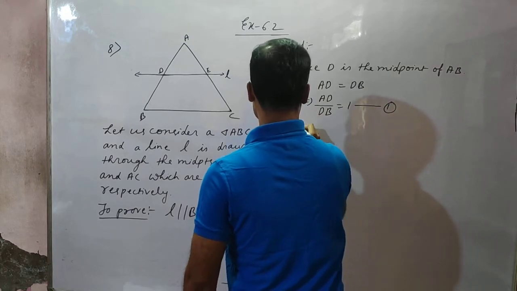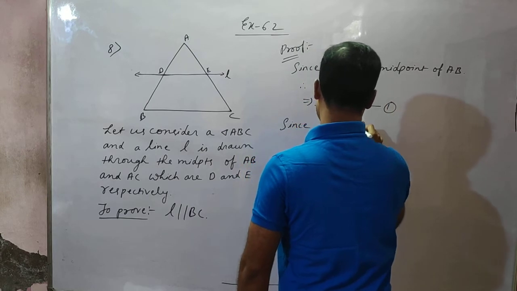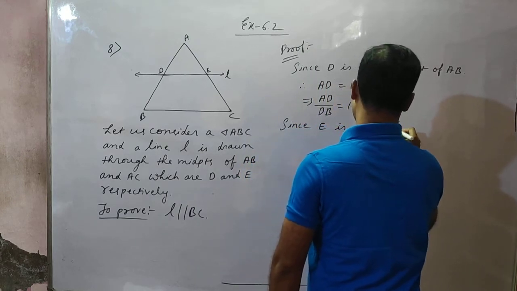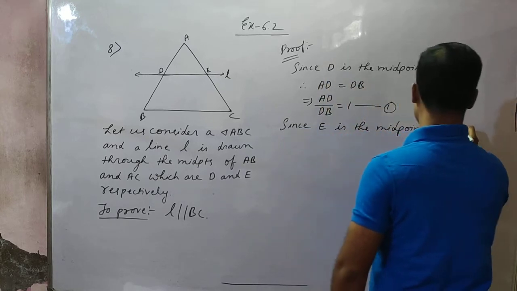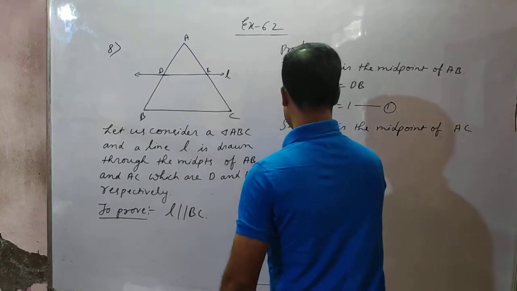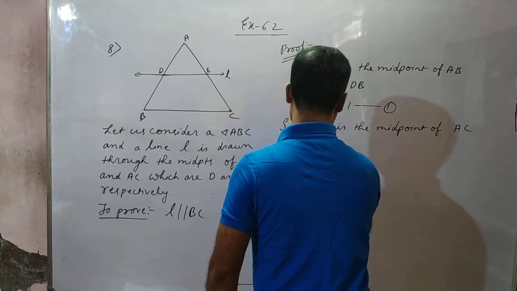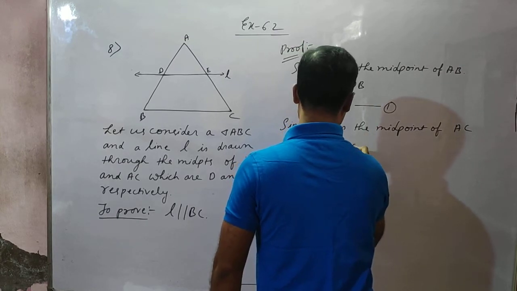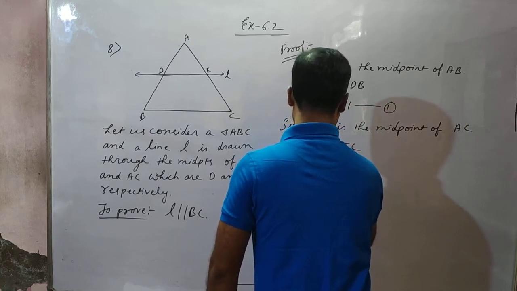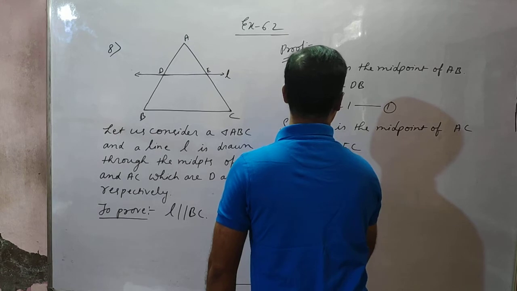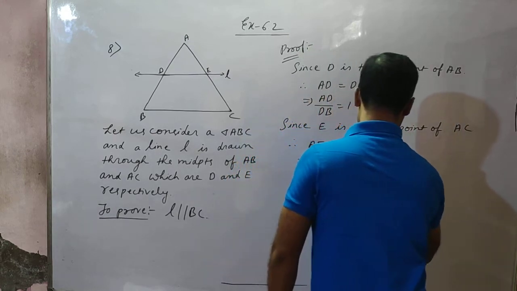Since E is the midpoint of AC, therefore AE is equal to EC. So AE by EC is equal to 1, mark number 2.